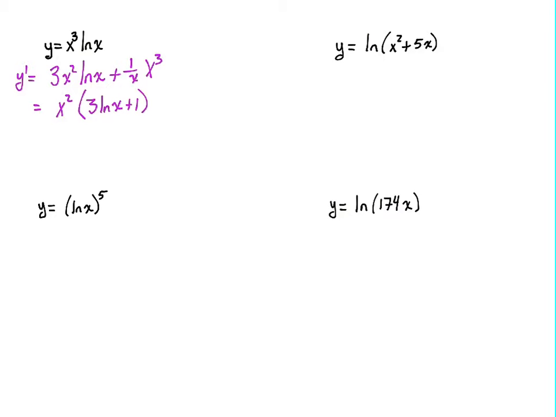So we take the derivative of the outside function, which is going to be 1 over x squared plus 5x, times the derivative of the inside function, which is 2x plus 5, and then we can just tidy that up to be 2x plus 5 all over x squared plus 5x. Third problem here.